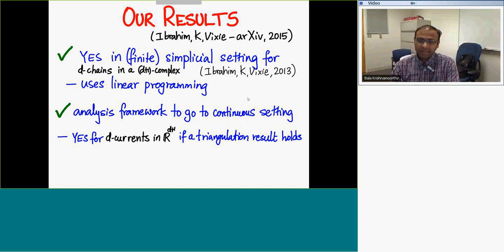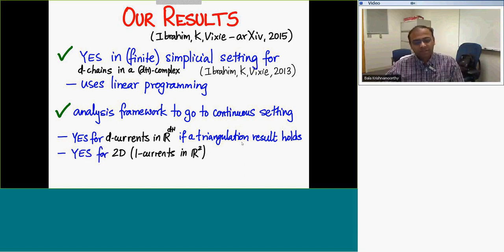So the result holds, that is, integral in is integral out, for D-currents in R^(D+1) given the triangulation result. We think it's true, but we don't have the proof yet. But we have the proof for the triangulation result in 2D, so integral in equals integral out in 2D. That's all complete, and we still think the framework is valid.